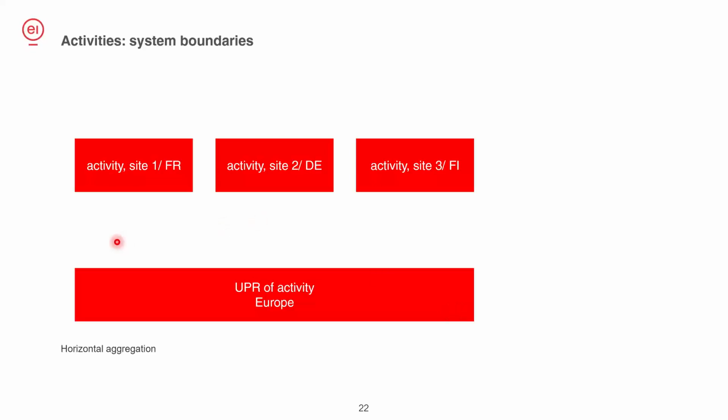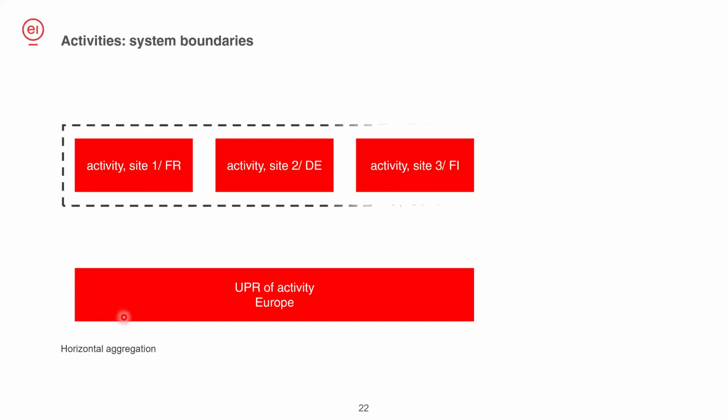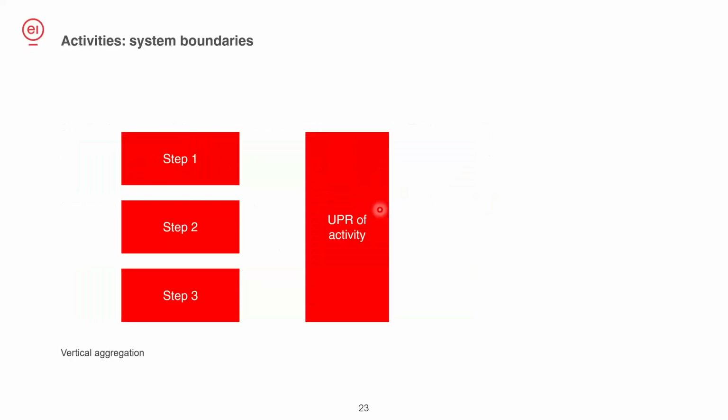We can have aggregation either at a horizontal or a vertical level. Horizontal aggregation means that we can have a geography that is encompassing smaller geographies. For example, Europe contains all the European countries, France, Germany, Finland, etc. So we have, in many cases, activities that refer to Europe instead of having individually modeled the different countries.